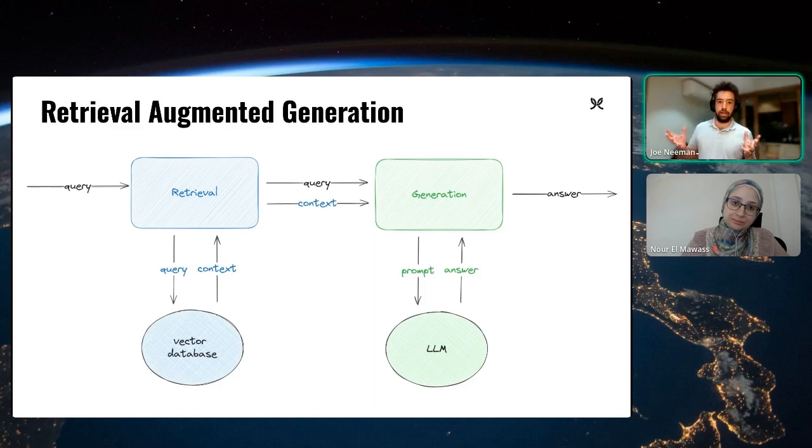Then it feeds into the LLM both the query and the extra context, and the LLM uses that extra context to help generate a good response to the query. The idea is that you want your generation step to be able to use knowledge that is in the database for retrieval, but that your LLM wasn't trained with.